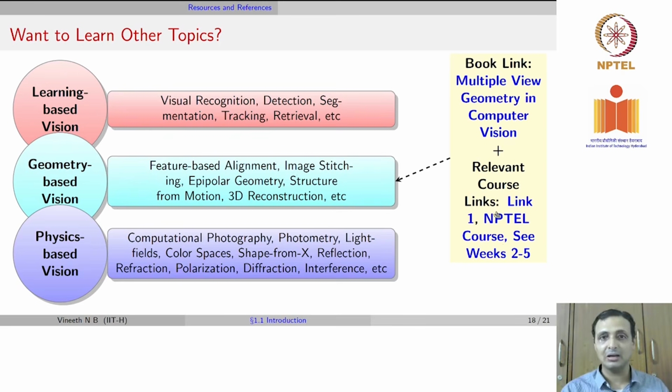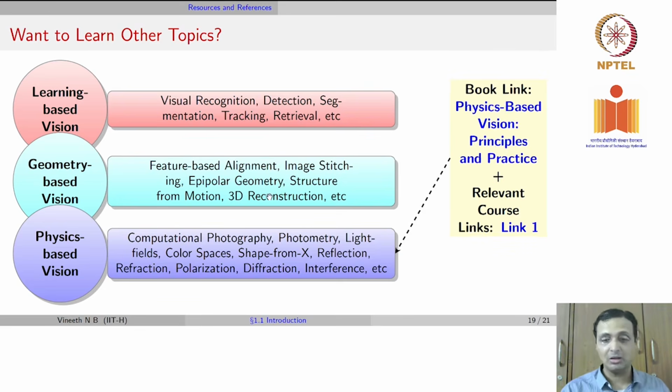Please click on this link for these weeks in that particular course if you want to learn a little bit more about topics in geometry-based vision. And if you wanted to learn physics-based vision, once again, a very nice book called Physics-Based Vision: Principles and Practice is available on this link. And there is also a web-based course which is linked here, which you can follow if you want to learn more about physics-based vision.